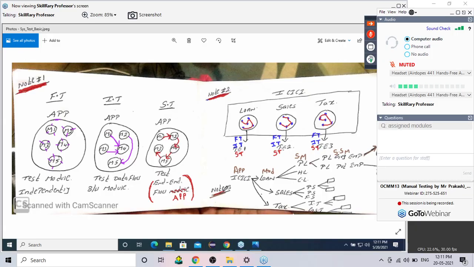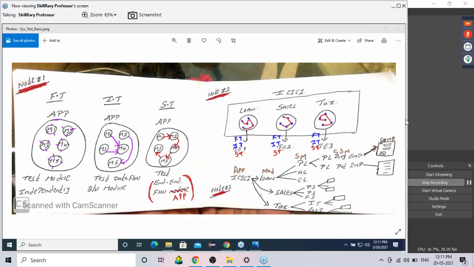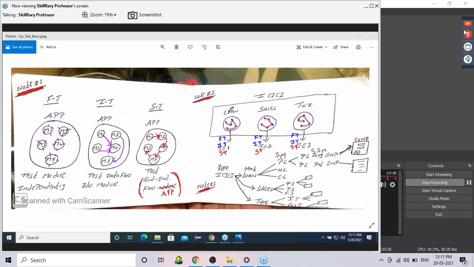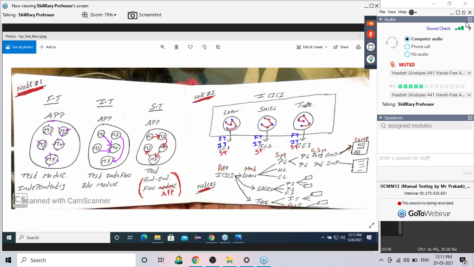An application consists of modules, modules consist of submodules, submodules may have further submodules, and finally the components. Now the question is, do you have to test the flow between loans and sales and tax? Required, not required? Think first.